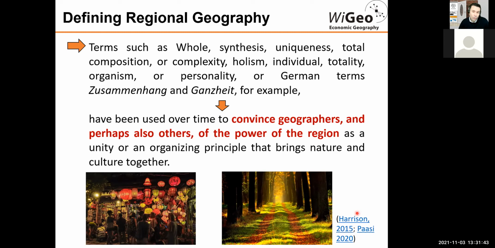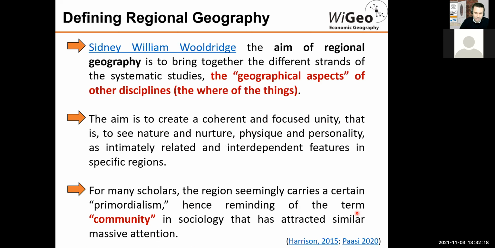Sometimes this evolution can be grasped through terms such as whole, synthesis, uniqueness, holism, individual, words that have been used over time to convince geographers and other experts of the power of regions in creating a somehow unified territory where nature and culture live in harmony, and are the pillars of that region and the definition of the region.